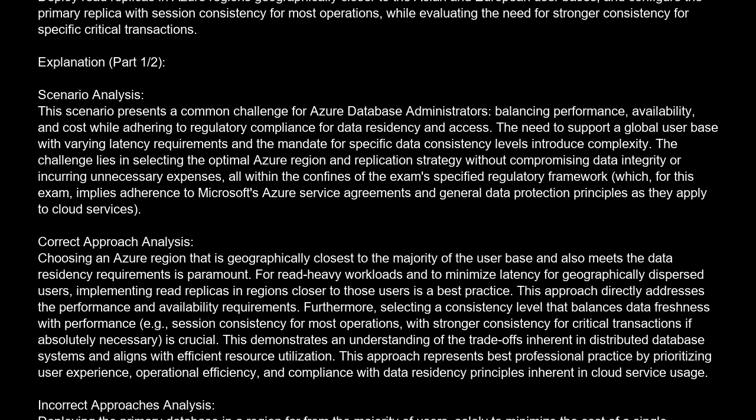Furthermore, selecting a consistency level that balances data freshness with performance, e.g., session consistency for most operations, with stronger consistency for critical transactions if absolutely necessary, is crucial. This demonstrates an understanding of the trade-offs inherent in distributed database systems and aligns with efficient resource utilization.